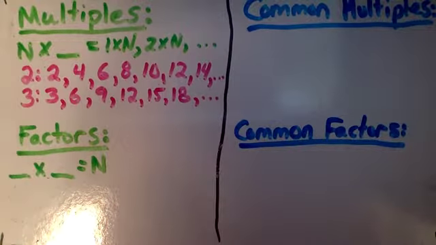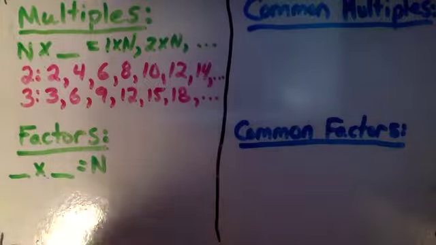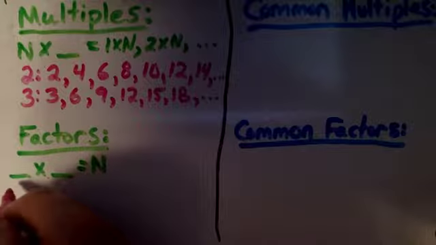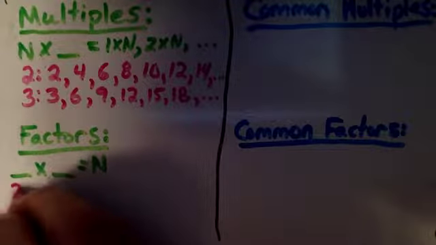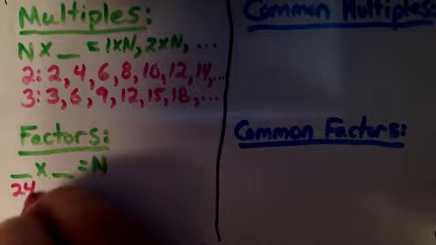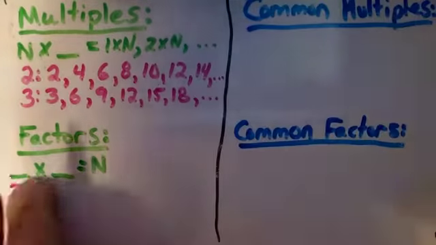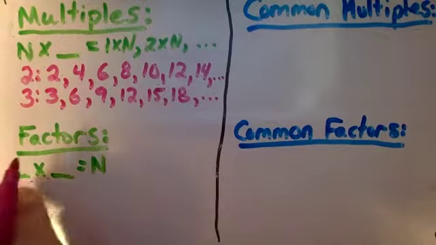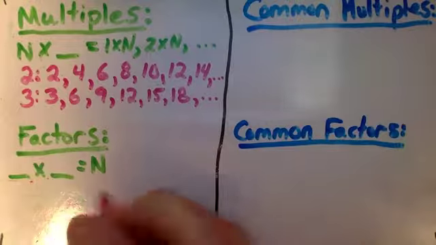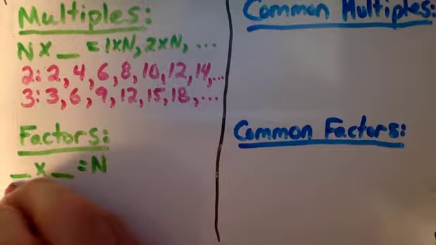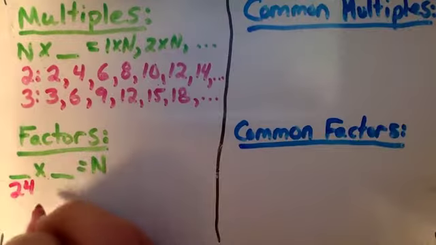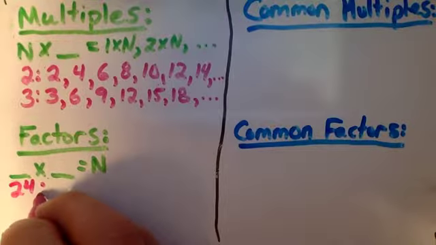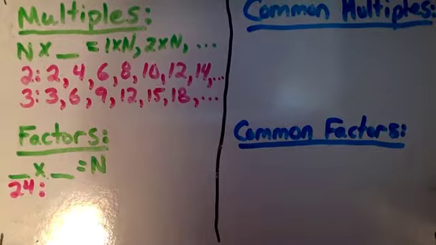So what's that look like in practice? Let's use, for example, the number 24, because 24 is a good number. It has lots of factors. So the factors of 24.